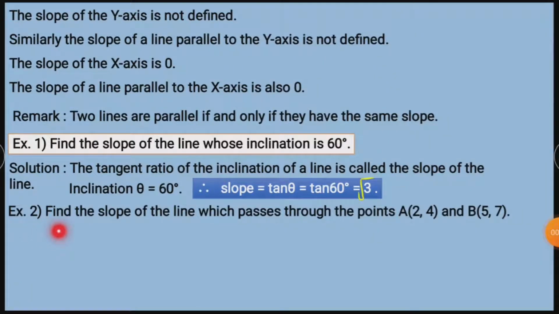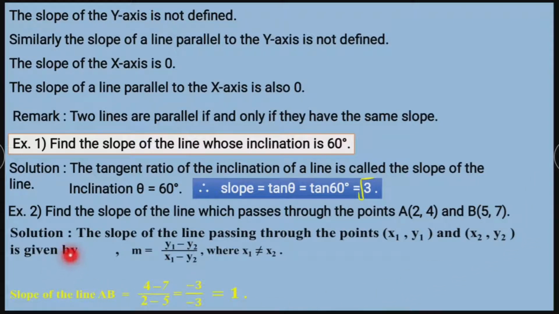See the second example. Find the slope of the line which passes through the points A(2, 4) and B(5, 7). So we write here in the solution, the slope of the line passing through the points (x1, y1) and (x2, y2) is given by m equals y1 minus y2 upon x1 minus x2, where x1 is not equal to x2.